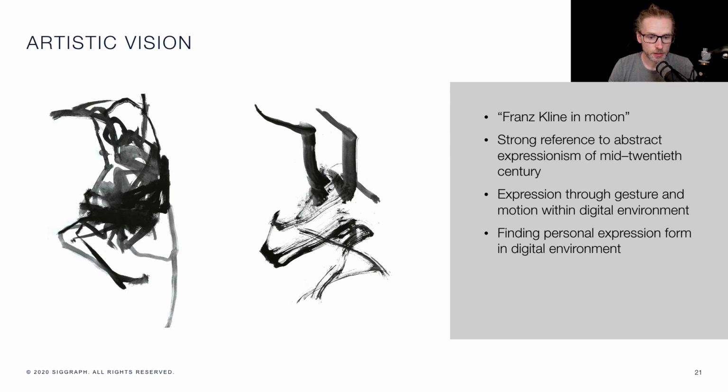Here you can see an old drawing of mine in which I was already tinkering with this idea of expressing through motion. But in the case of Dog of Zone, I wanted to find a similar personal form of expression, but within the digital environment, which normally is not as direct as the traditional one.